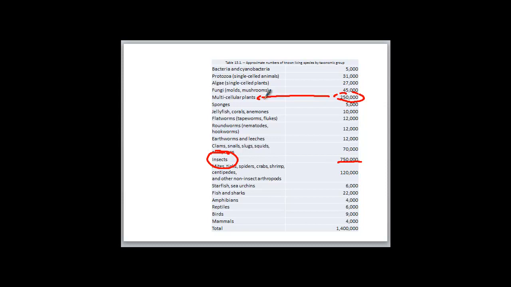And if you look at what we're familiar with, which would be the mammals, look at the total number of mammals on our planet in number of species. There are about 4,000. Nowhere near the number of species as we have in the other categories. In fact, you'd be quite surprised.